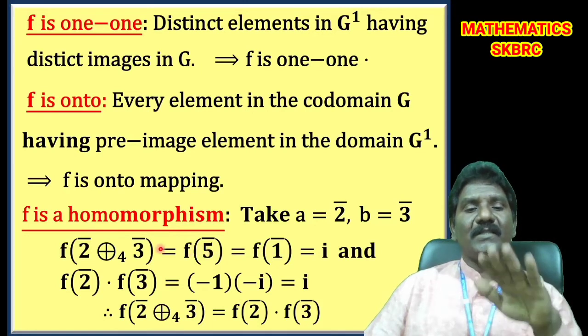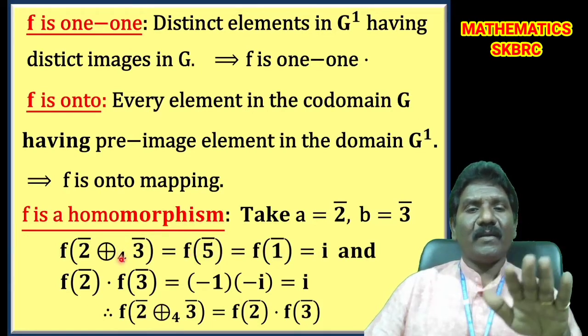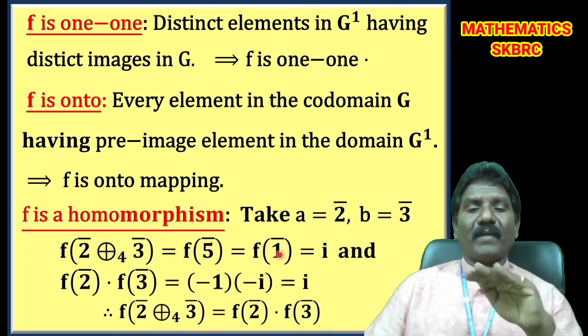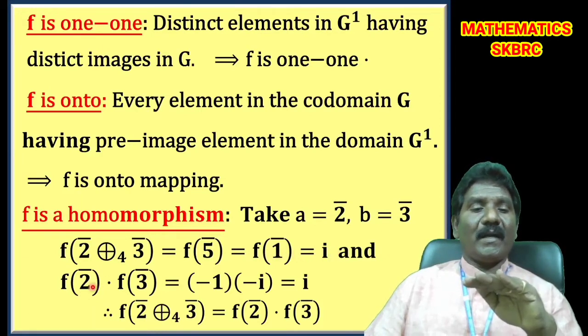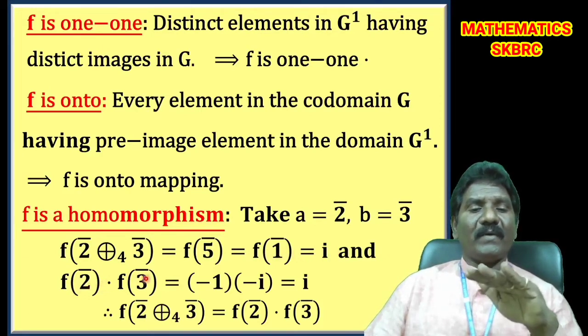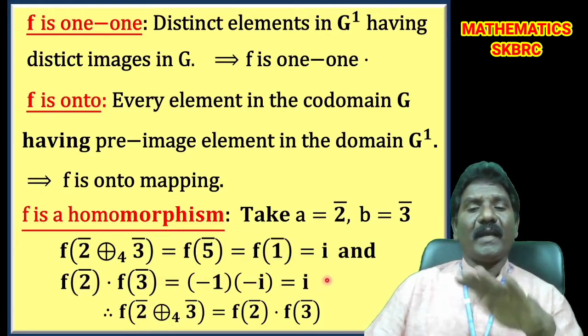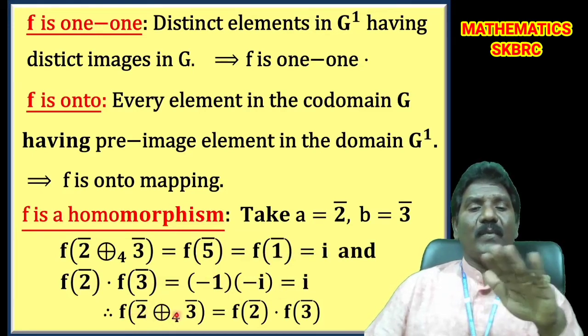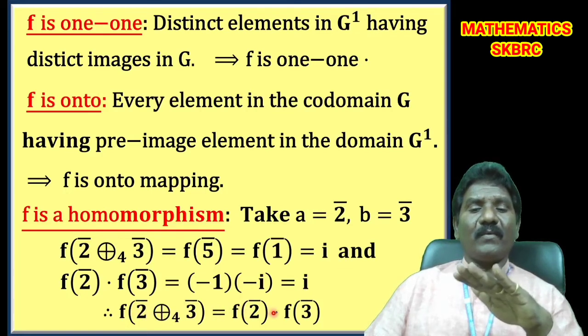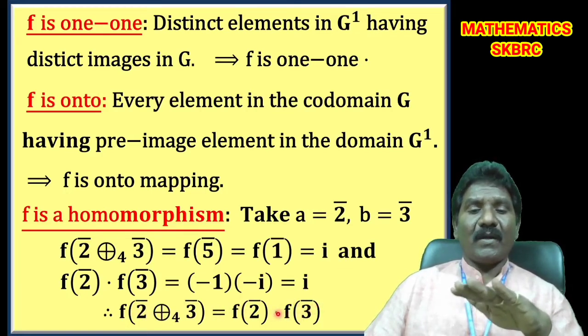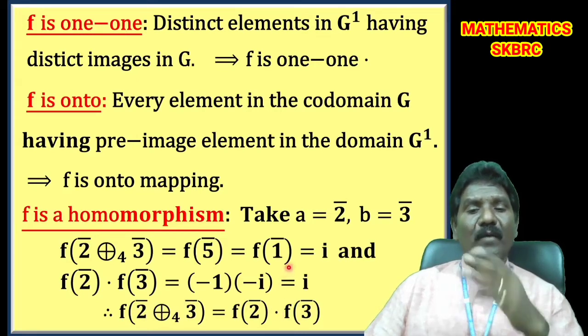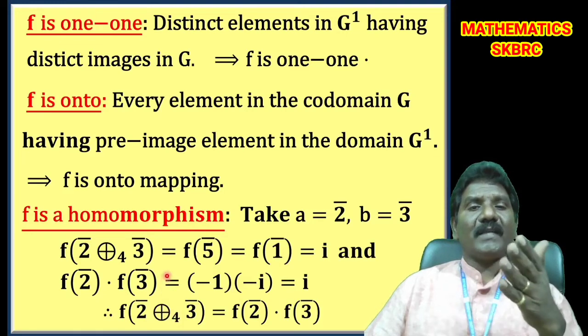Since G dash is a group with respect to addition modulo 4, F of 1 bar equals i, and also F of 2 bar times F of 3 bar equals -1 times -i, that is i. Therefore, F of 2 bar plus 3 bar equals F of 2 bar times F of 3 bar. Here, the operation dot belongs to G, the codomain, and the operation addition modulo 4 belongs to G dash, the domain.